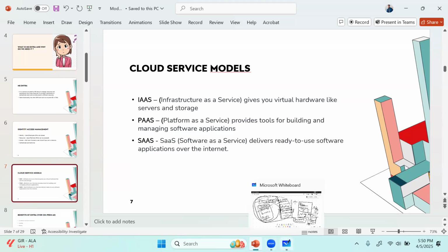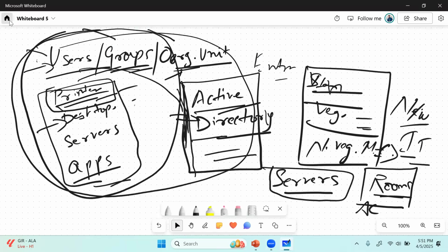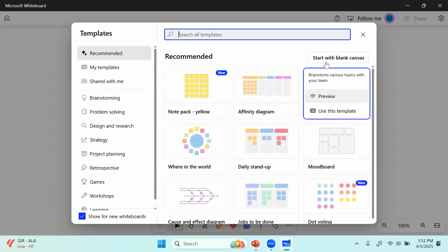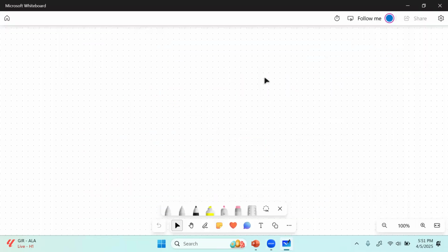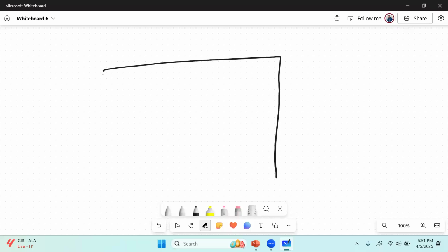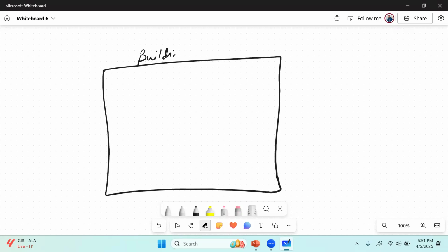So if I draw it and explain it like this, for example, you want to set up your own restaurant. You go to a building owner and ask that building owner that I want to set up my restaurant, my hotel. Please give me a space.